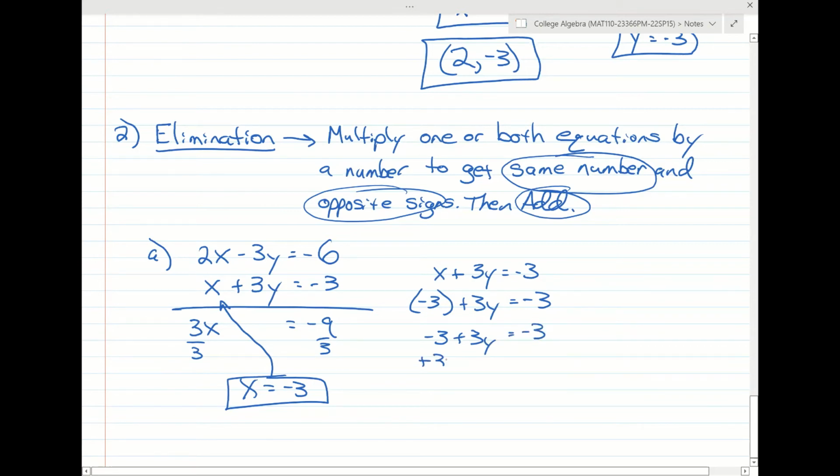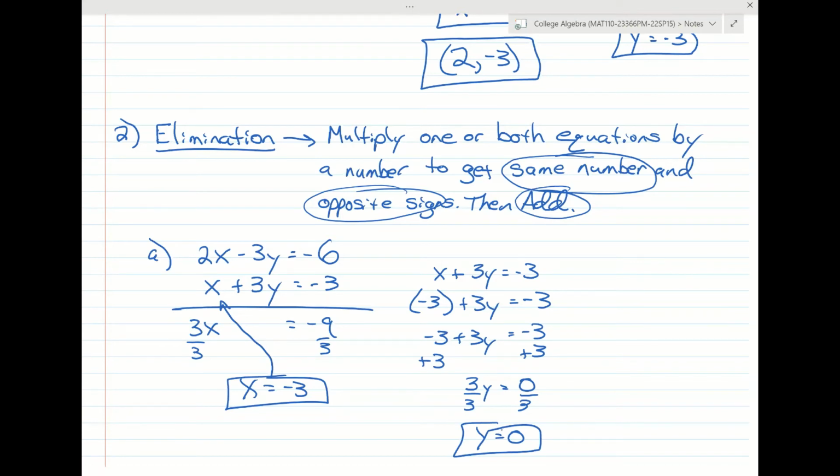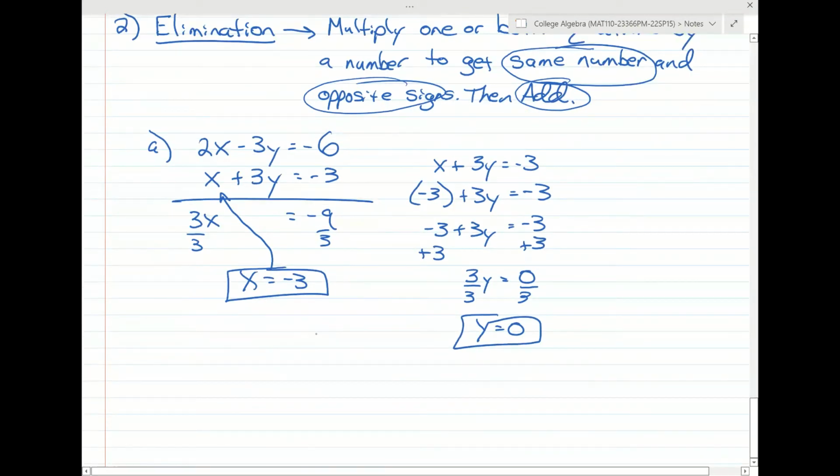If we add that on both sides and divide by 3, we just get y is equal to 0. So again, we have another consistent and independent solution, (-3, 0).